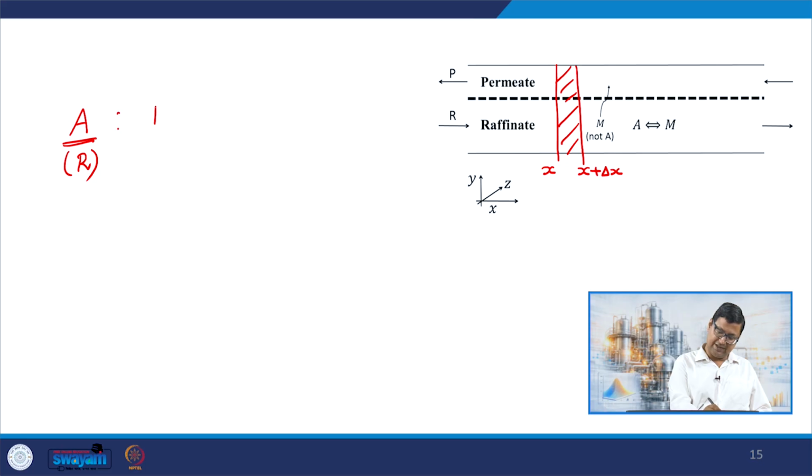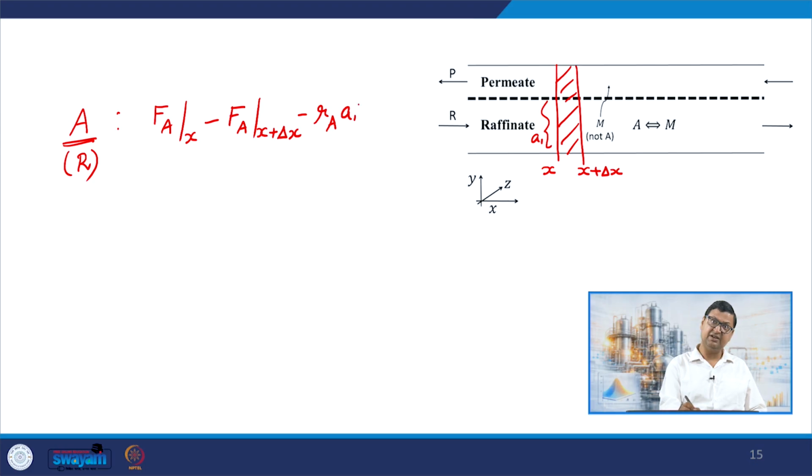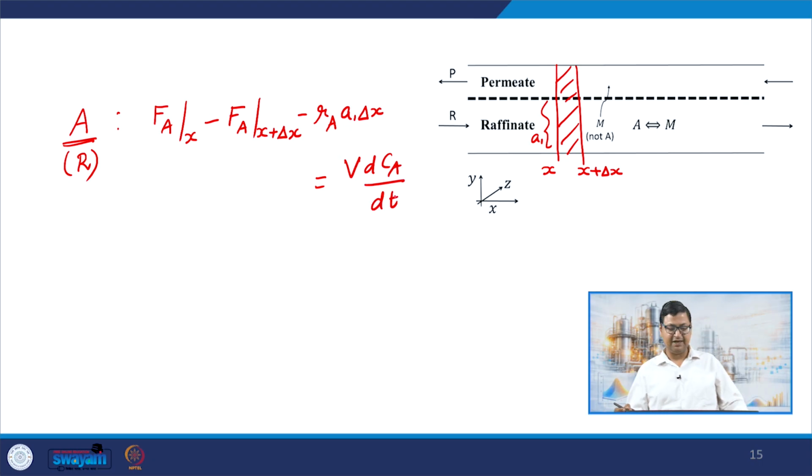The mole balance will have Fa coming in minus Fa leaving out, right? And then A gets consumed, so we have minus Ra into the area. Let us say this cross-section area is A1 here. So A1 delta x, and that is equal to something like V dCA by dt in an unsteady state, right?